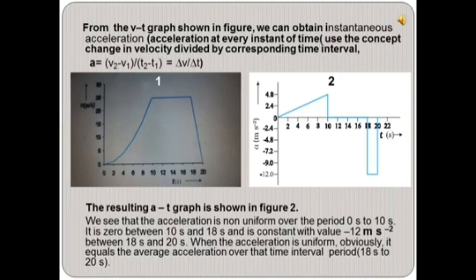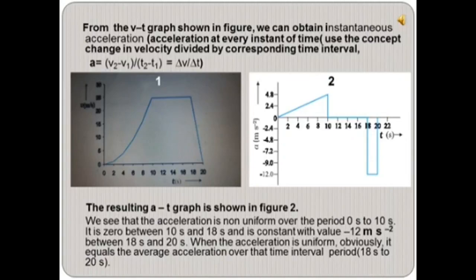Here we have used the concept change in velocity divided by corresponding time interval, which is equal to v2 minus v1 divided by t2 minus t1 is equal to delta v by delta t. It is the average acceleration.